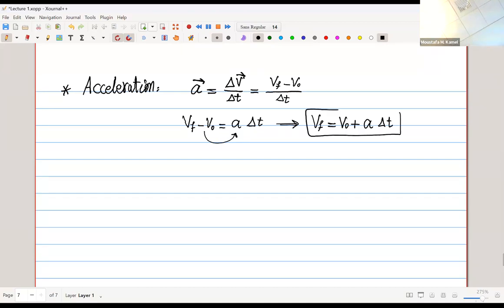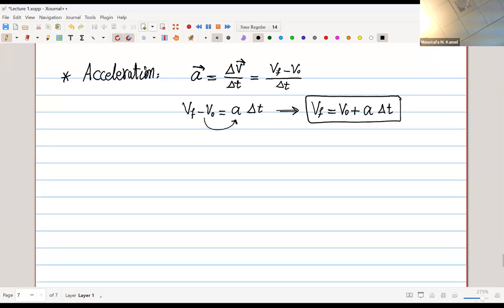This is the first kinematic equation in this class. So this equation tells us that if we started our motion with some initial velocity and accelerated by some amount over some period of time, our velocity changes and becomes this final velocity.